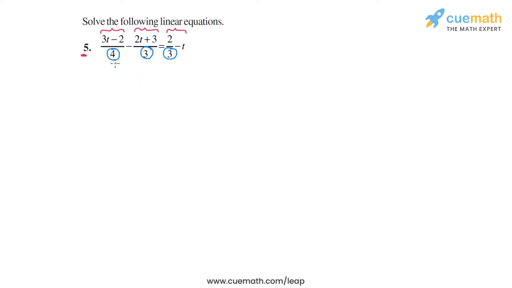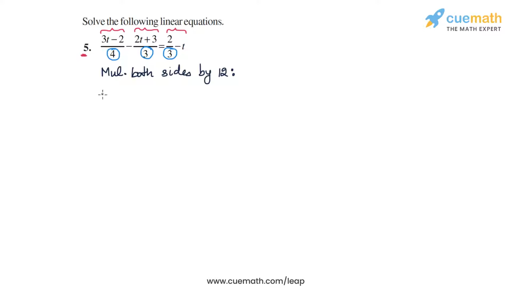The LCM of these three numbers, 4, 3 and 3, is 12. So we can first multiply both sides of the equation by 12, because that will give us integer coefficients instead of these fractional terms.